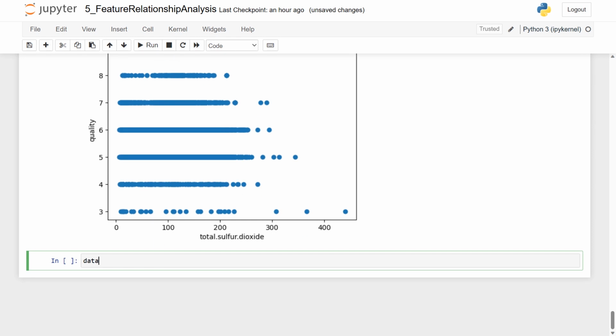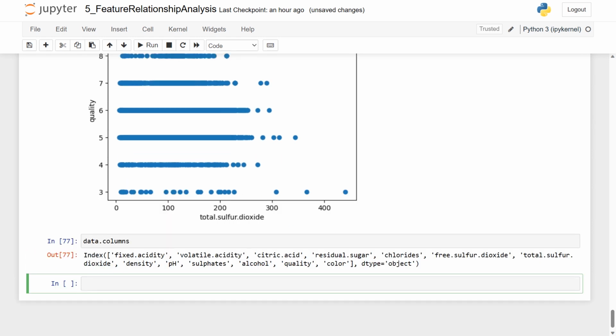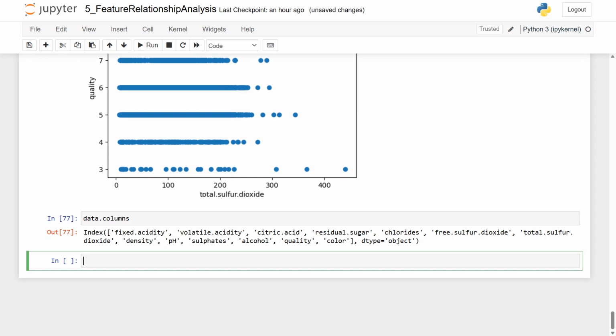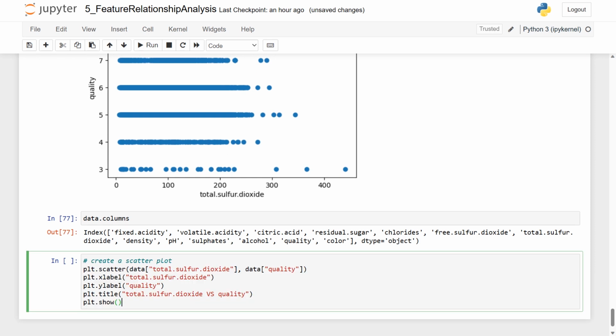So let me look for one more. Data.columns. So color, chlorides, total sulfur dioxide, residual sugar.